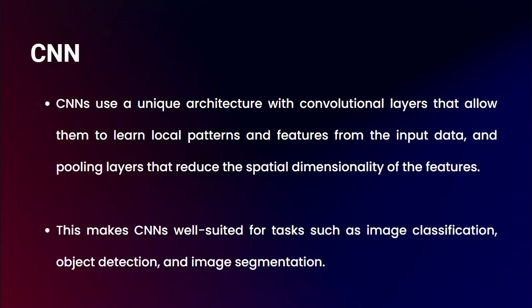A CNN uses a unique architecture with convolutional layers that allow it to learn local patterns and features from the input data, and pooling layers that reduce the spatial dimensionality. We'll be discussing the meaning of them. This makes CNNs well suited for tasks like image recognition, object detection, image segmentation, etc. In these cases, CNN plays a major role.